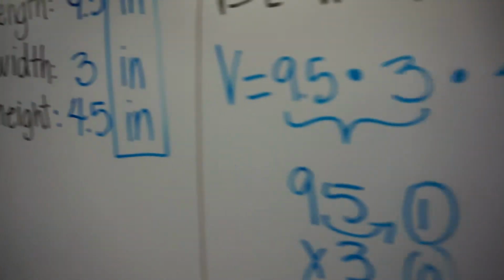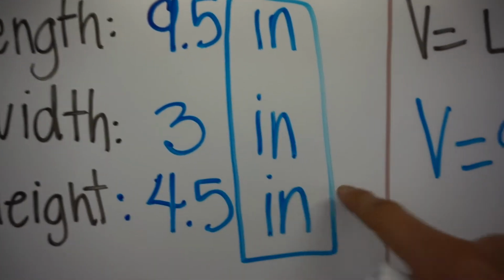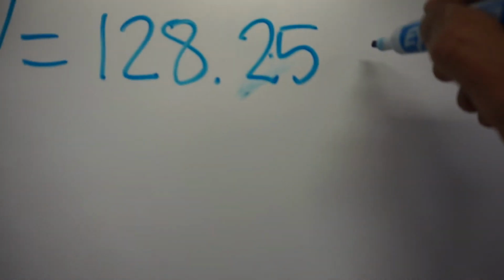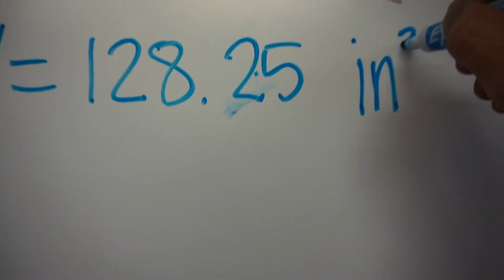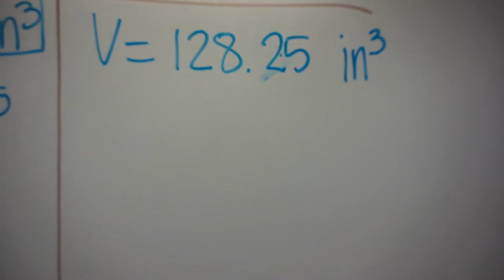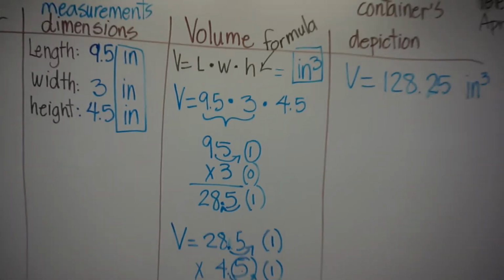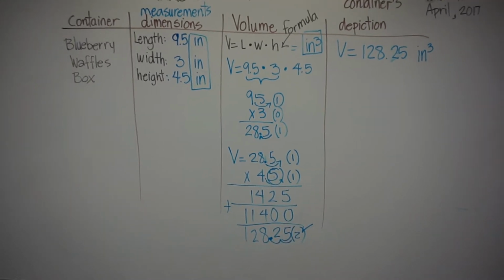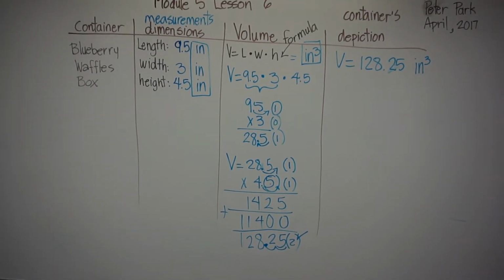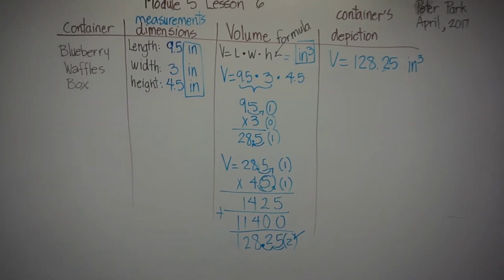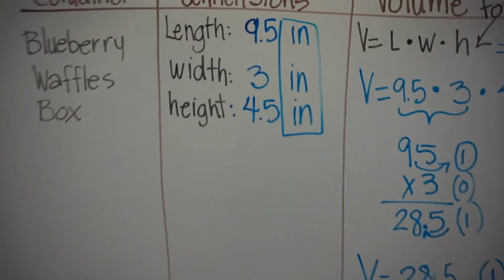But because we have 3 dimensions, it has to be in cubic inches, my friends. Cubic inches. So once again, this is how you find the volume of a rectangular prism, which is an actual box of waffles.